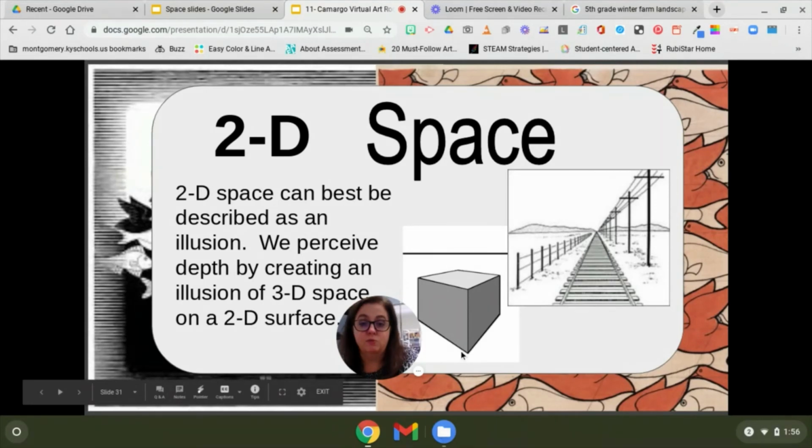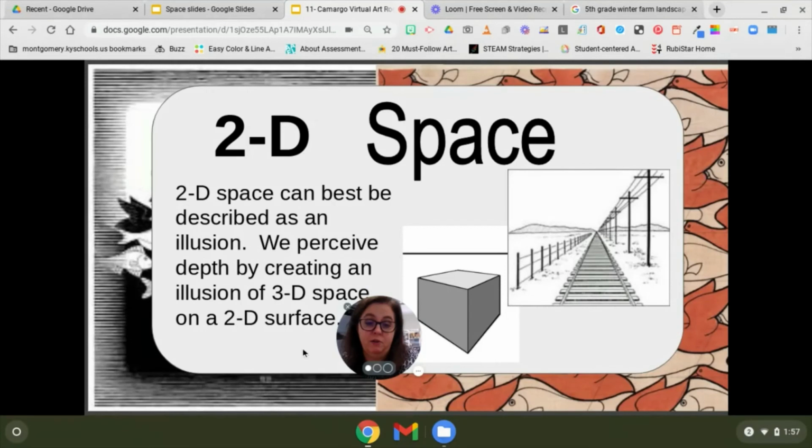There's also 2-point perspective. This cube is drawn in 2 points. These lines are going back to a point over here, and these lines are going back to a point over here. So you can use perspective, and that's a way of drawing using lines to show the depth of something and how deep it is going back into space, and make it look like it's receding or going back into space.